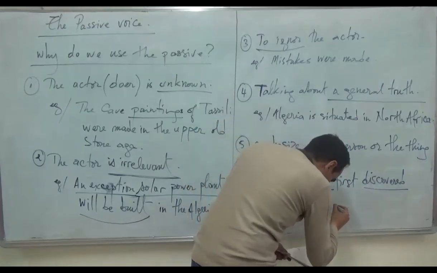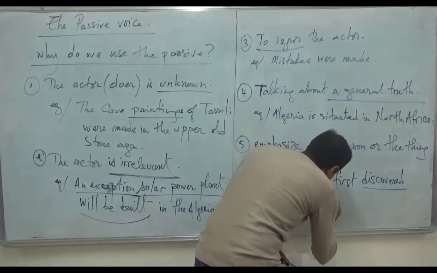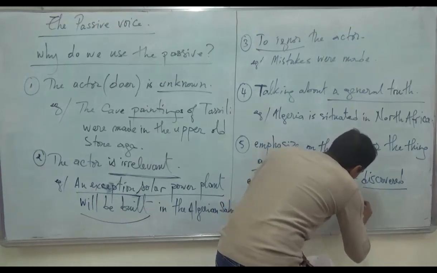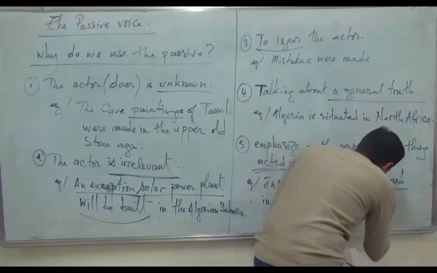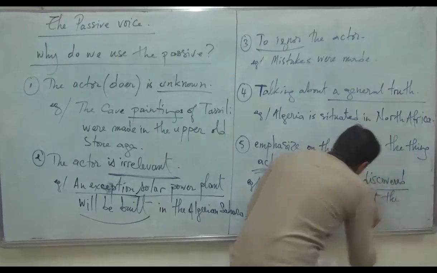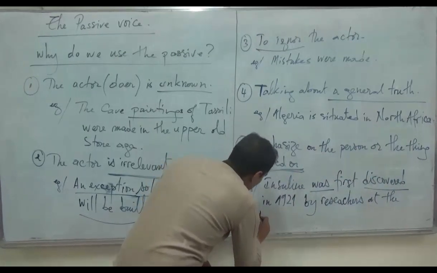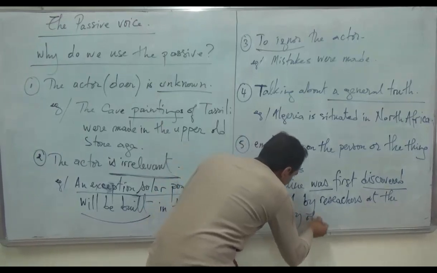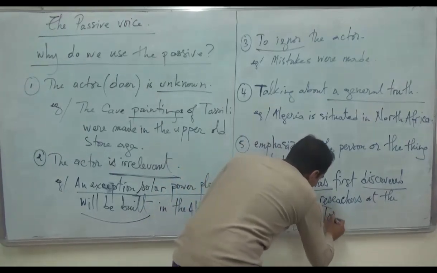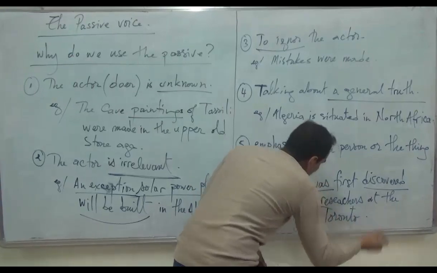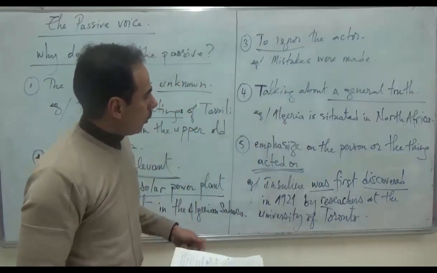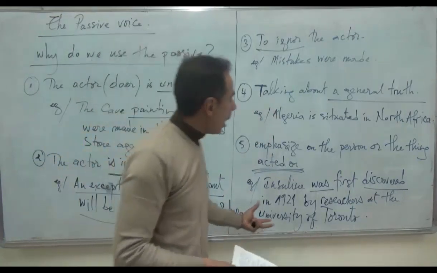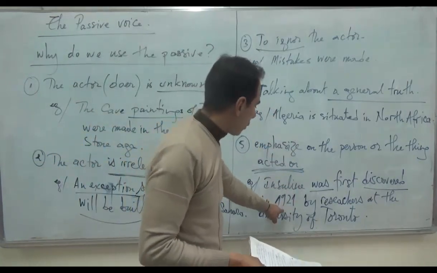By researchers at the University of Toronto, for example, in Canada. So, when you read the sentence, you get the information that insulin was discovered in 1921.